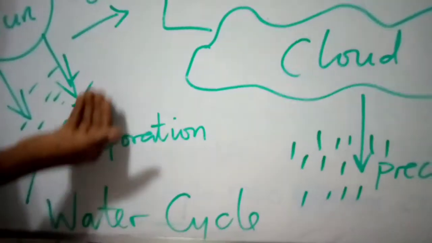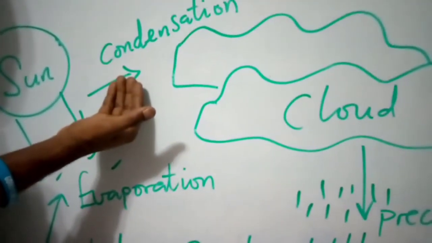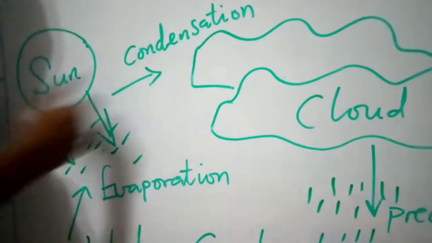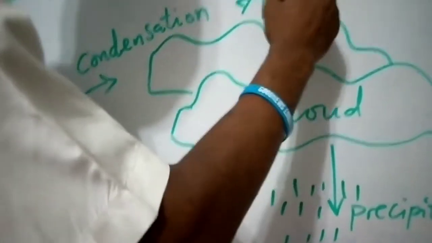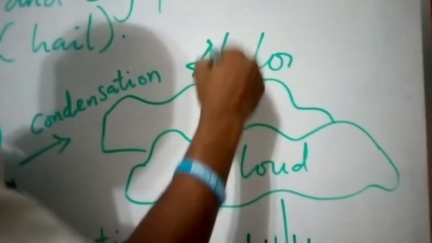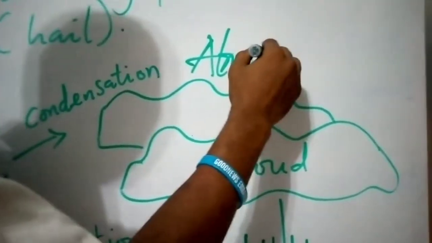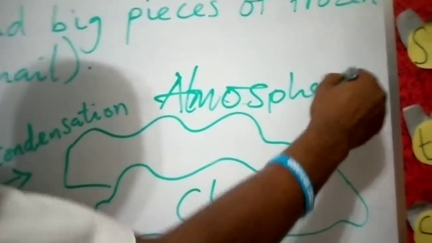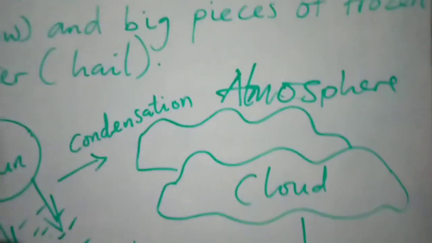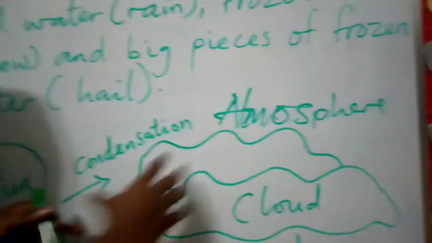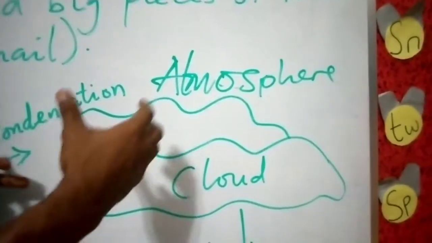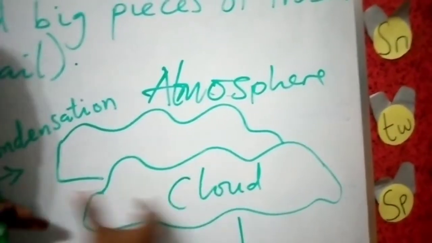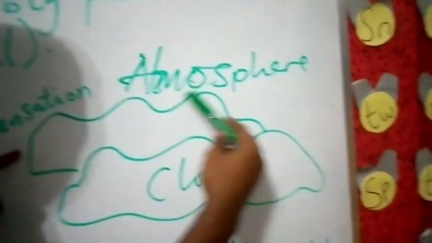It goes up to the atmosphere. So when it goes up, it gathers a little, keeps gathering until it forms a cloud.